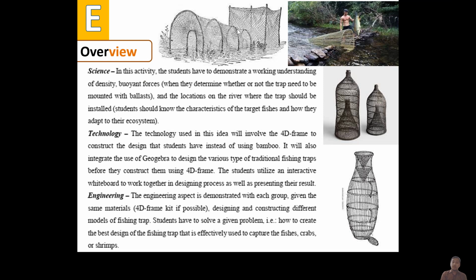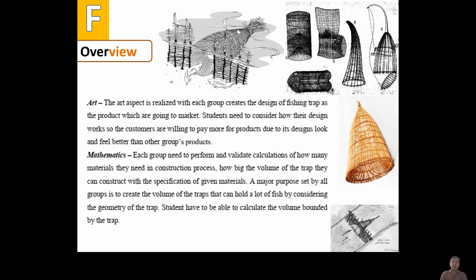With the same material, they design and construct different models of fishing trap, and they need to solve a given problem: how to create the base design of a fishing trap, and how to get a design that is effectively used to capture fish, crabs or shrimp. Not only fish.